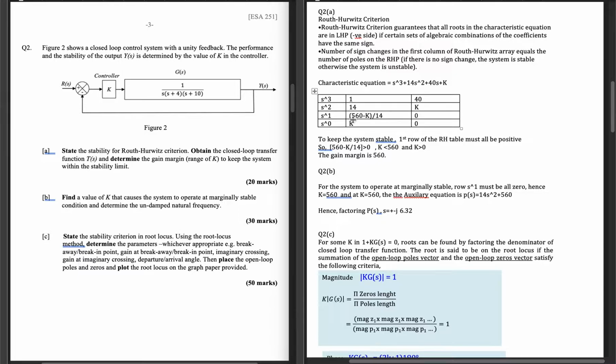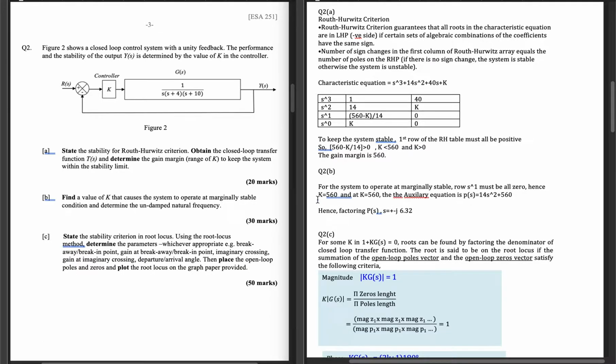At that particular point, the system is marginally stable, right? So at that particular K, which is 560, the system is marginally stable. The roots are somewhere along the imaginary axis, okay?